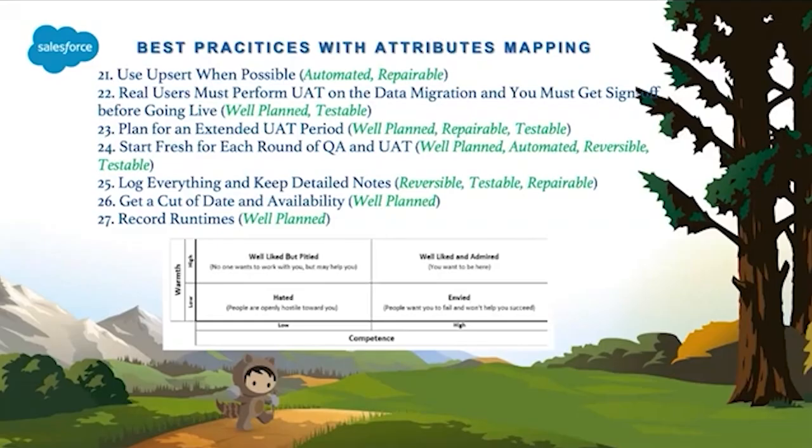Practice number 26, always get the cutoff date very early in the game. So we came across another use case where the team who performed the data migration overlooked that cutoff date. They didn't perform an end-to-end data migration in the full copy.